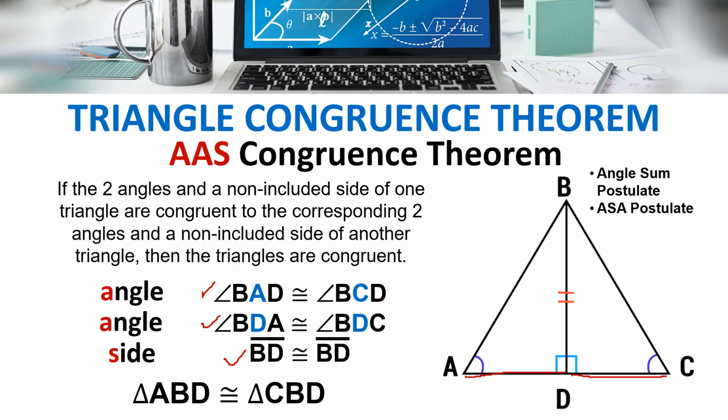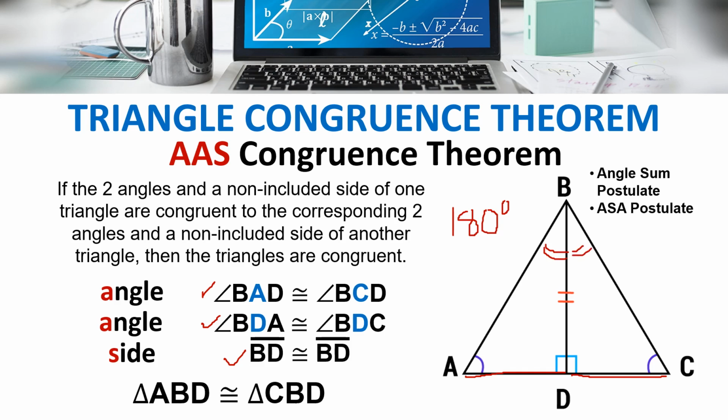Okay? Yan. Angle sum postulate kasi kung matatandaan nyo, yung sum ng lahat ng angles within a triangle, lahat ng interior angles nila, pag inadd natin lahat, ang total ay 180 degrees. Okay? So, kung alam natin yung two angles, we could easily determine kung ano yung measurement nung ika-third angle, diba?